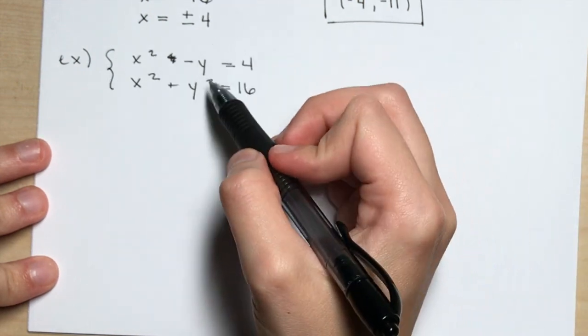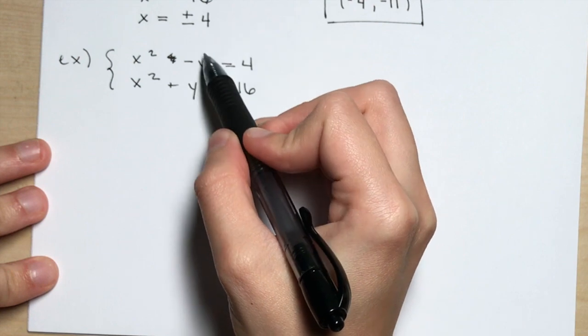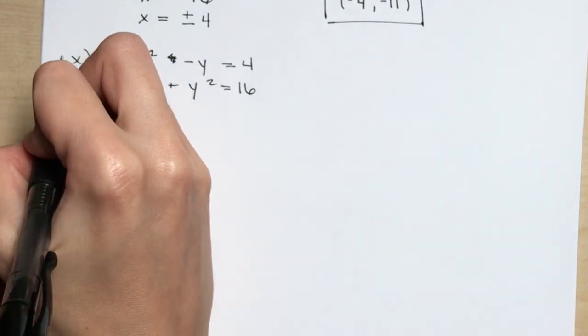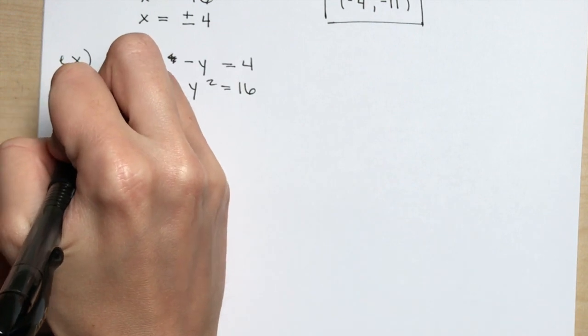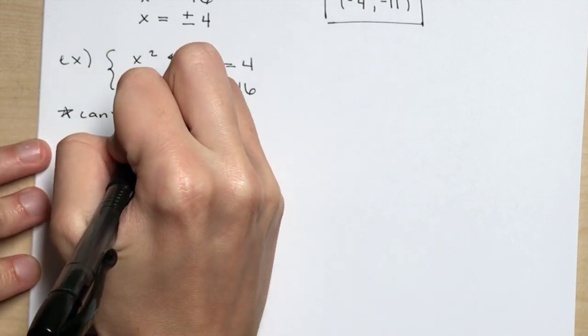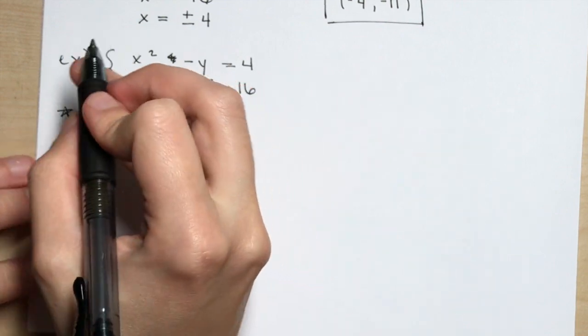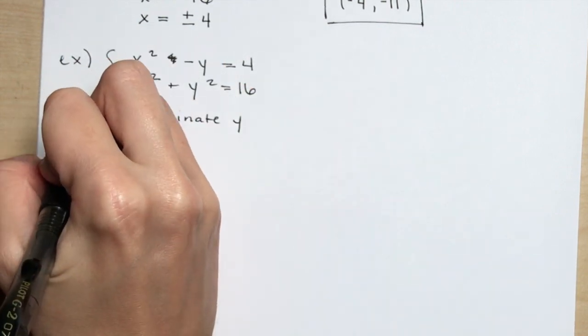The reason is because y squared and y are not like terms, right? We can't eliminate y because they're not like terms.